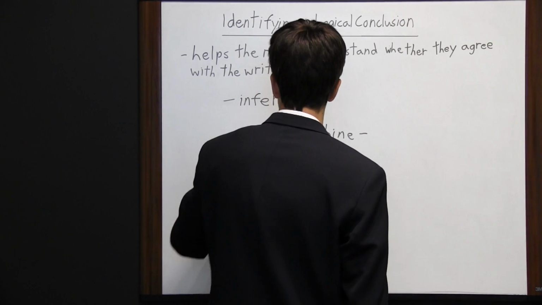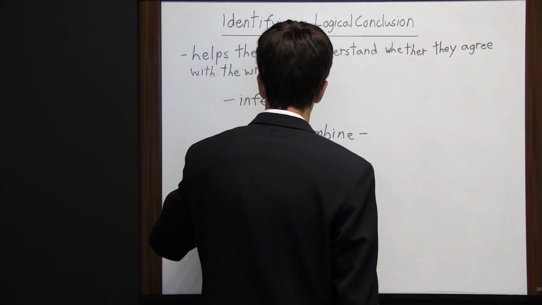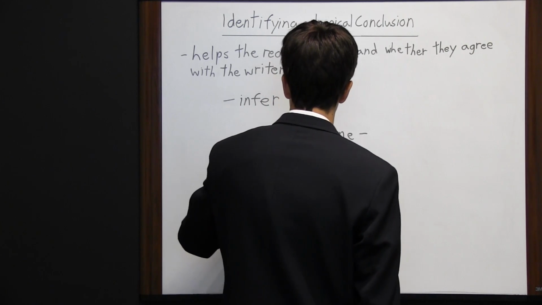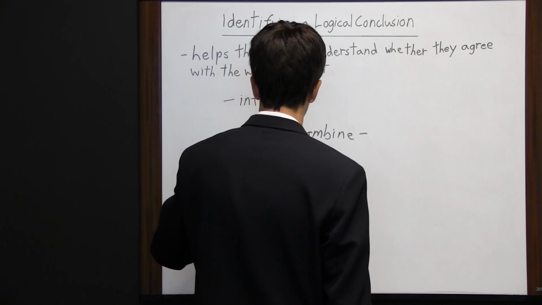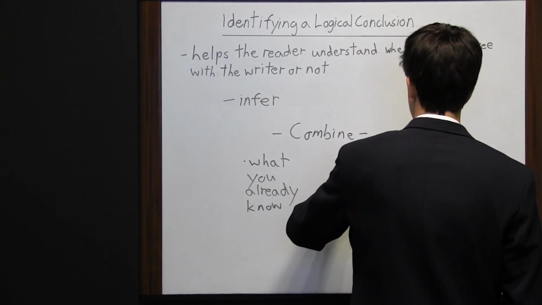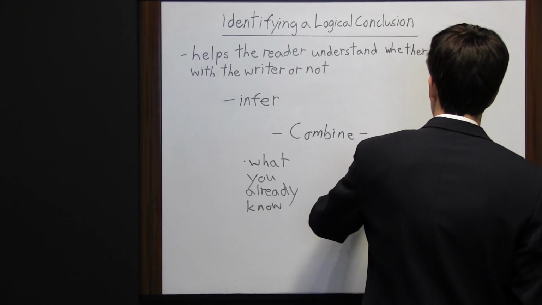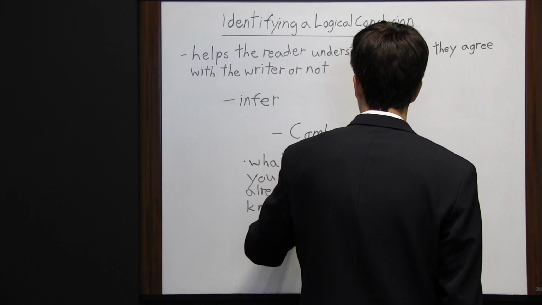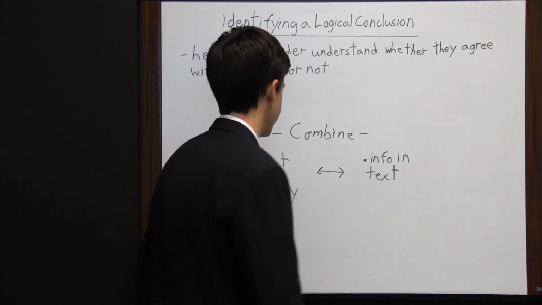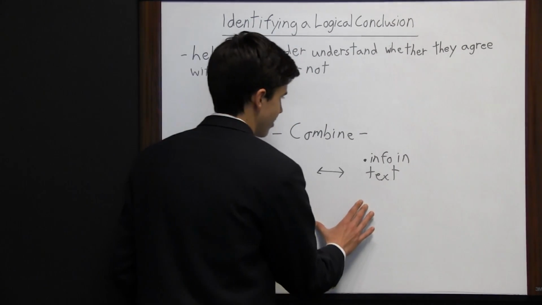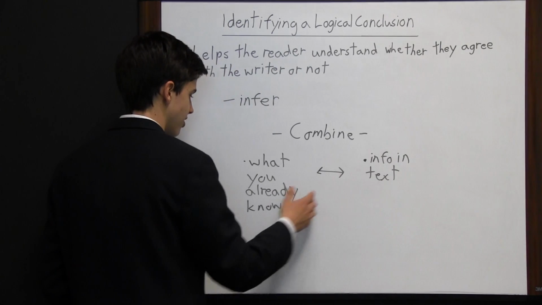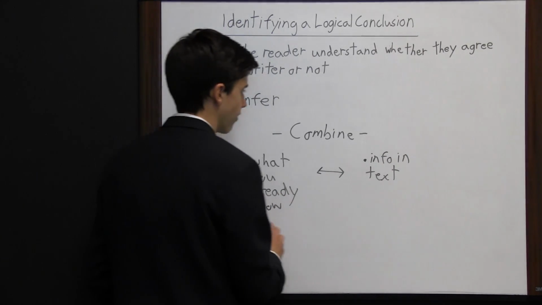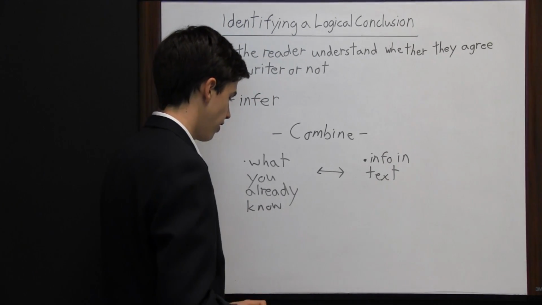What you already know with the info or the information found in the text. So I'm going to draw a double arrow there because to make an inference, you're pulling these two things together, everything you find in the text, any pre-knowledge you have, and you're pulling that together to draw the conclusion.